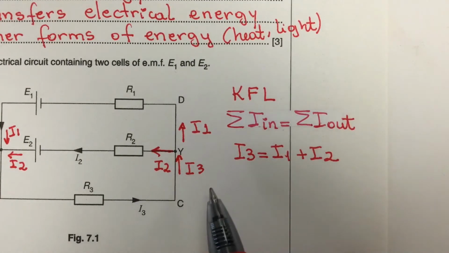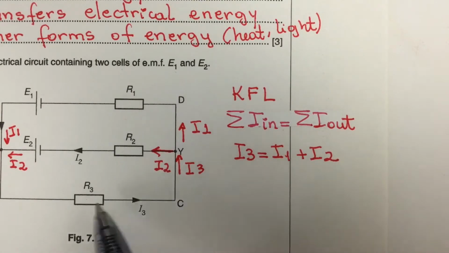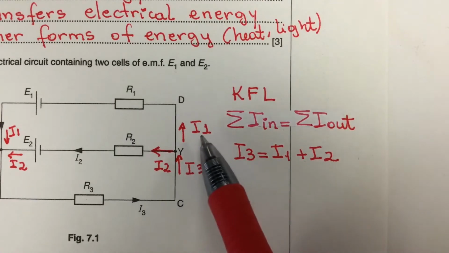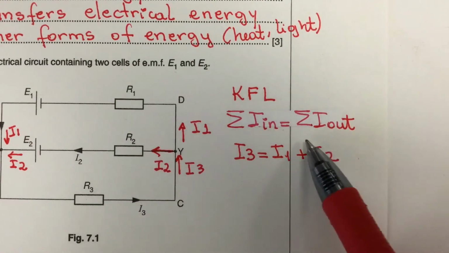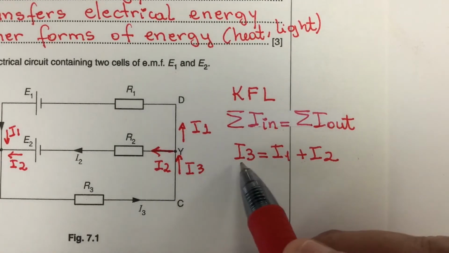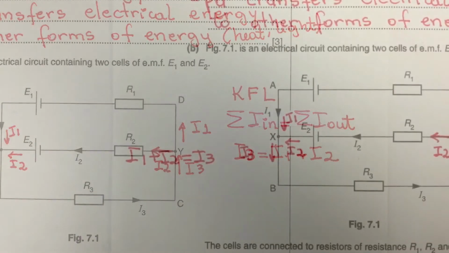The current in is just I3, following the direction given by the problem. And for currents out, we have I1 and I2. We just need to add them. So here we have an expression that relates all three currents.